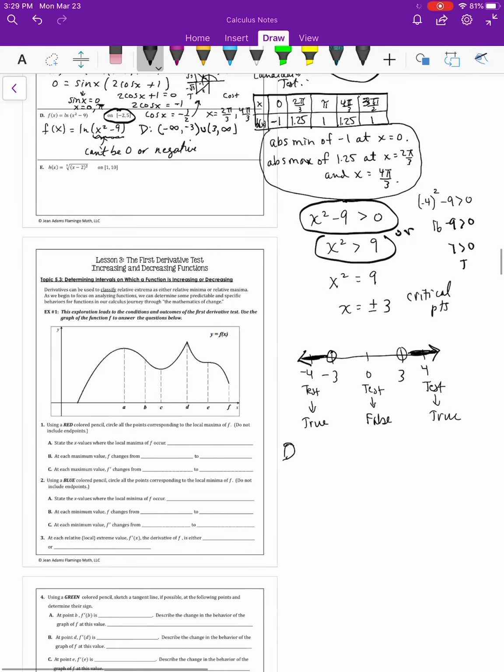So for letter D, I'm going to say f of x. This is my answer to letter D. Sorry, I'm down here, but I kind of wrote everywhere else.